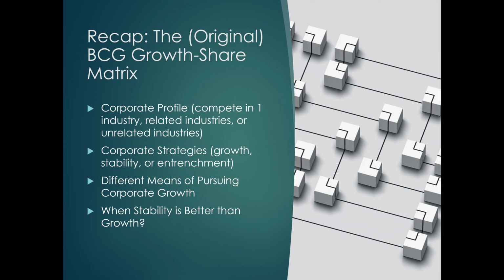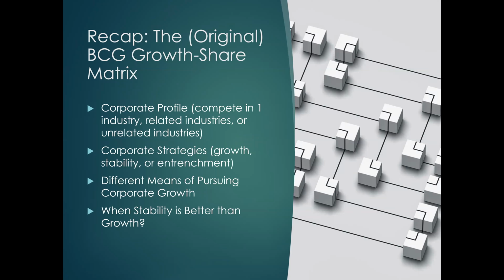Overall, there are three basic strategies, whether you want to grow existing market share, maintain the existing market share, or reduce this market share or simply exit, right? And we also talked about different means that will be better for pursuing corporate growth.